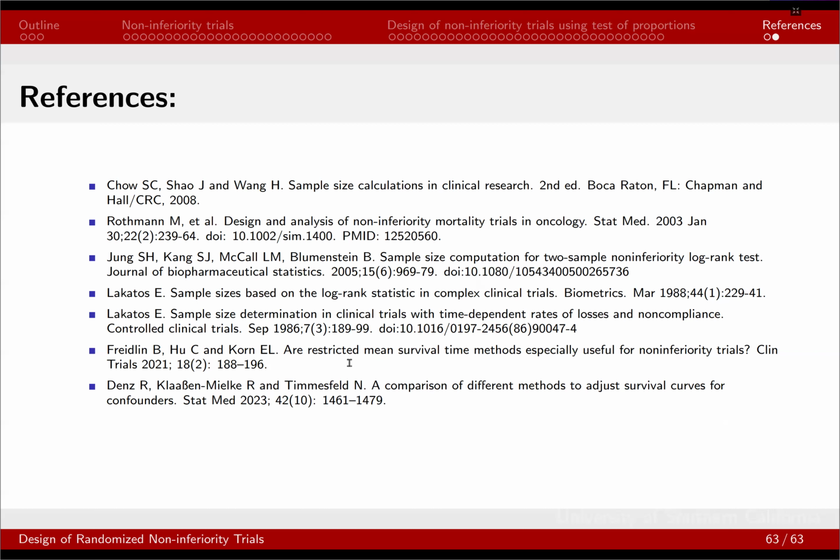When we published the paper, we only had the data up to about 3 years. There were still patients that had less follow-up than that.